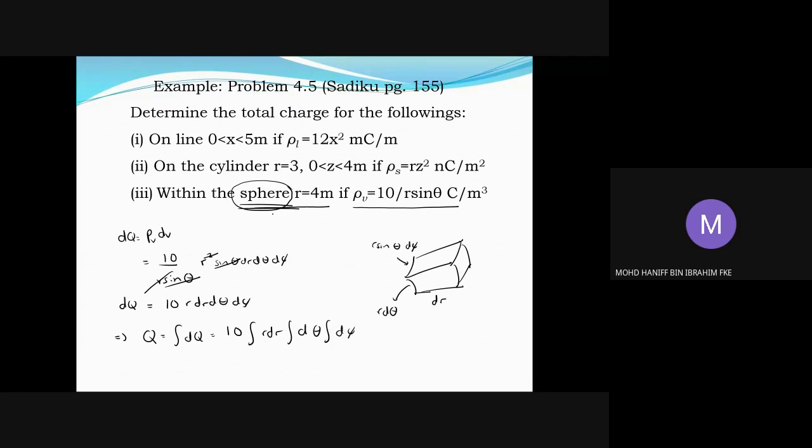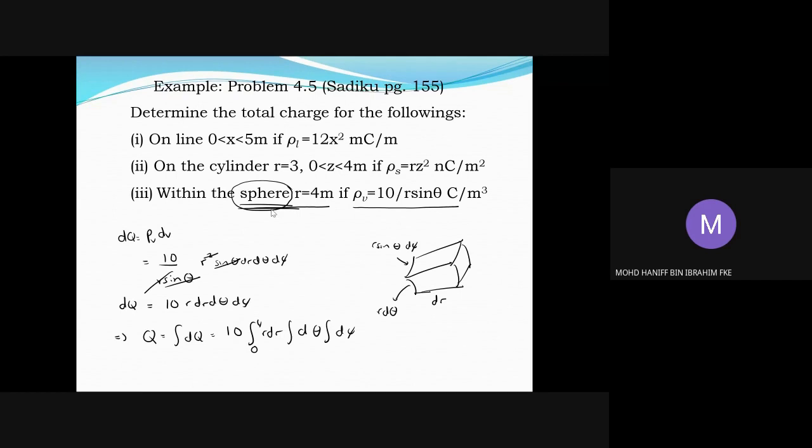In this particular problem, we are given that the sphere has a radius of 4 meters. So we put the range of r from 0 to 4. For theta and phi, because we are not given any conditions on the spherical range of theta and phi, we assume that this structure is a full sphere.